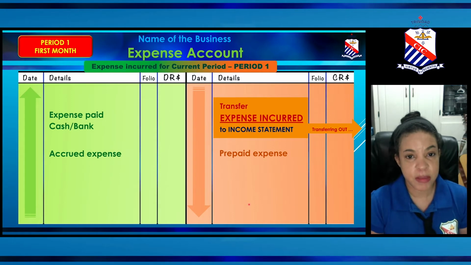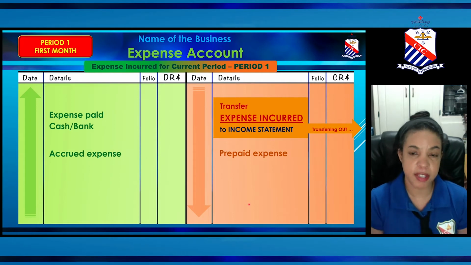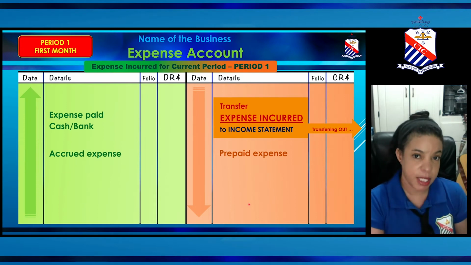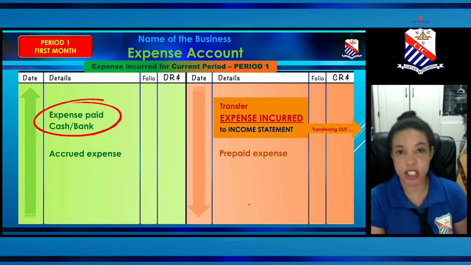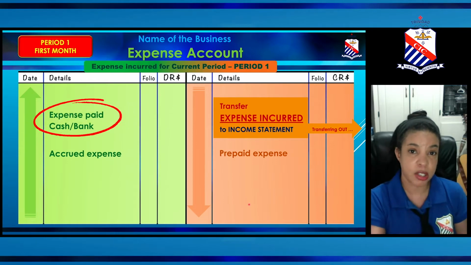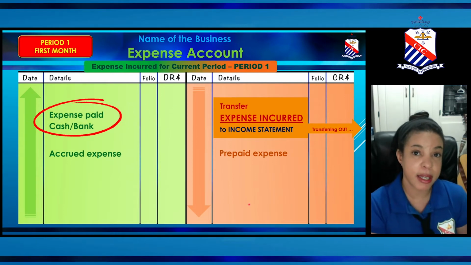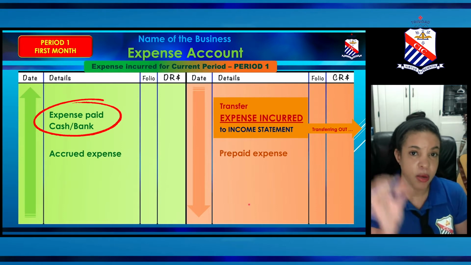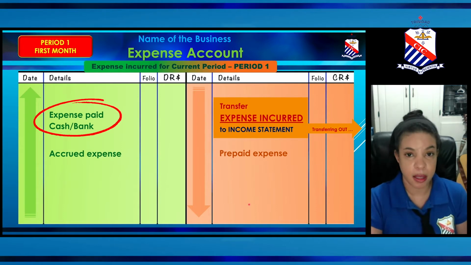So for your first month, you would have these possible four items, right? On the increase side, or the debit side, every time you pay your expense, however many times you pay your expense, you record it on the debit side of the account. You would put the date, the payment, whether it was cash or bank, and the amount.